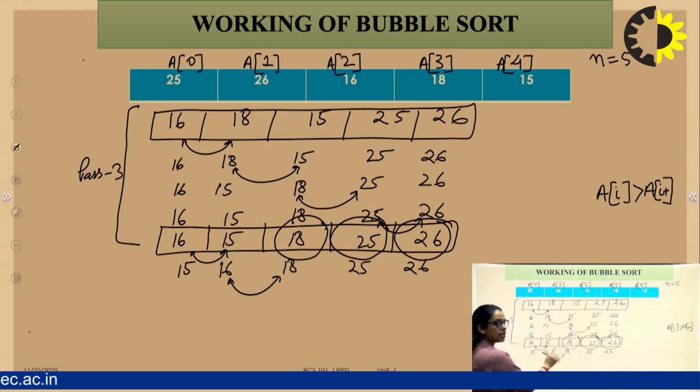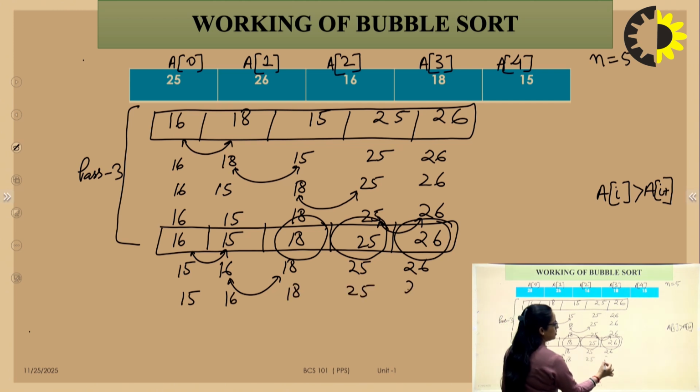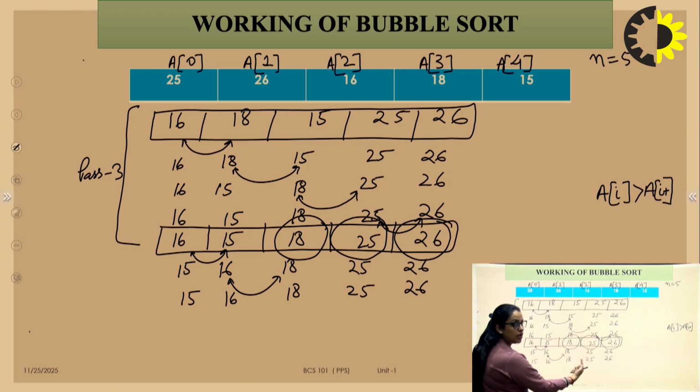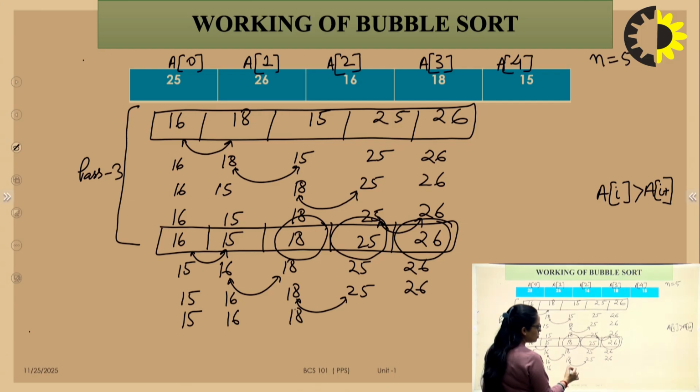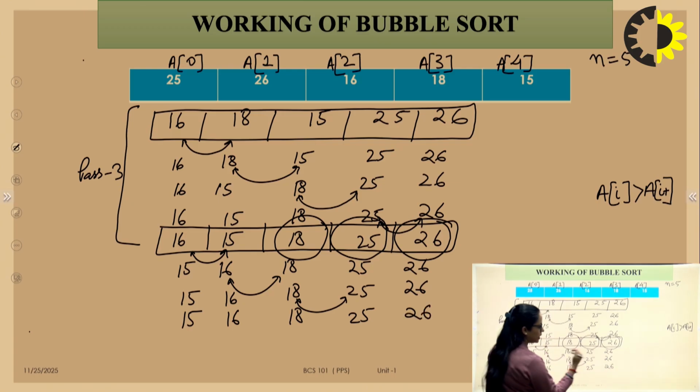Is A[i] greater than A[i+1]? No, that means no swapping. The array will remain the same. Then the next 2 elements, 18 and 25, will get compared. Is A[i] greater than A[i+1]? No, that means this time also no swapping will happen.